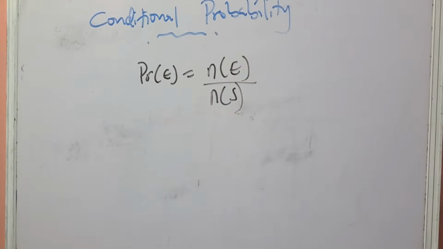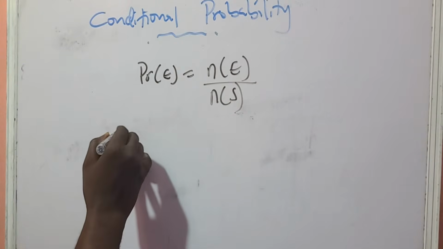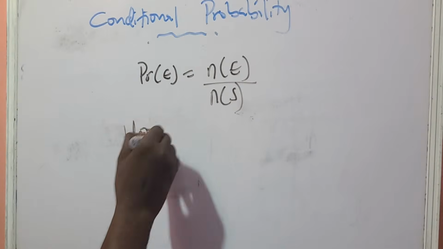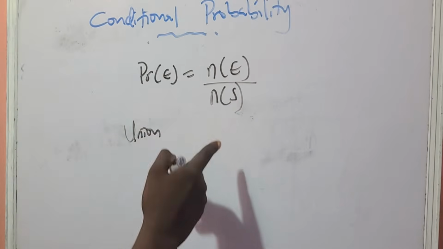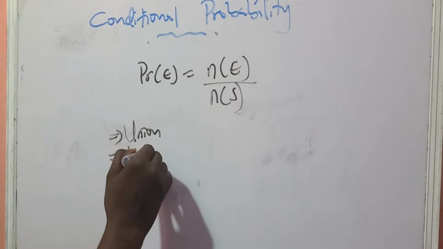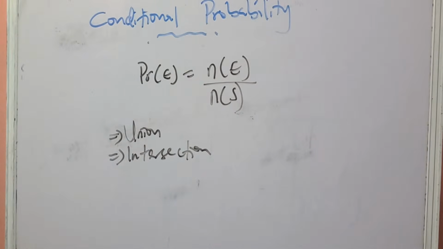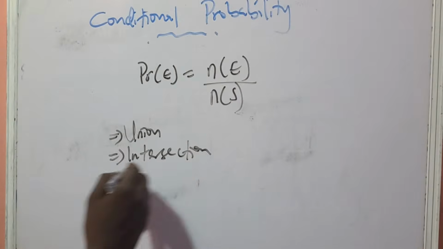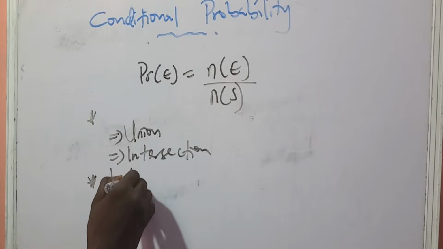Also, we decided to delve into the first aspect, being the union of events. And that was under the general subtopic of combination of events. And then we also talked about the intersection of events. All right. And I also defined to you guys what independent events were.